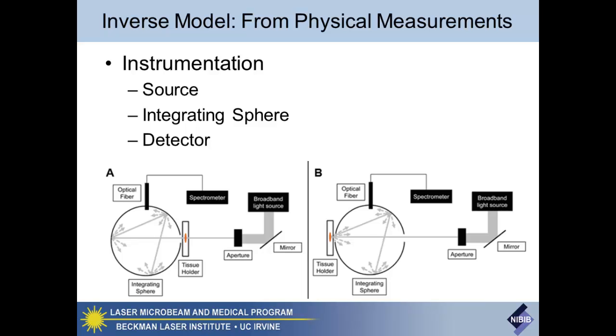Just want to make sure that on both diagrams, the optical fiber is fixed. You never move that, right? Yep. When you shine the light on the tissue, in transmission or reflection, with an optical fiber and a spectrometer, you get a spectrum across different wavelengths, and you divide it by the reference.